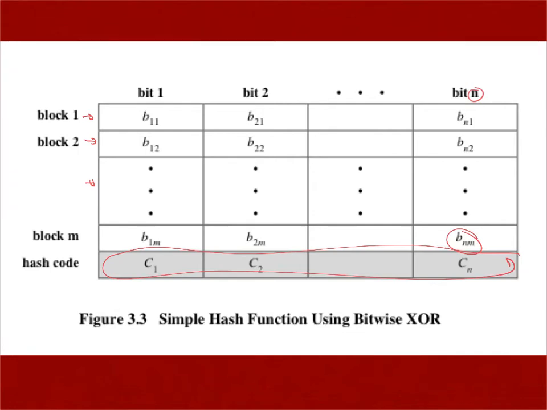So once I arrange the message in blocks of n, I can put them like multiple rows stacked, and then I calculate the number of ones, or in other words, I do XORs. If it's even, then this will be 0. If it's odd, then this will be 1. That's it. I do XOR on all these rows.